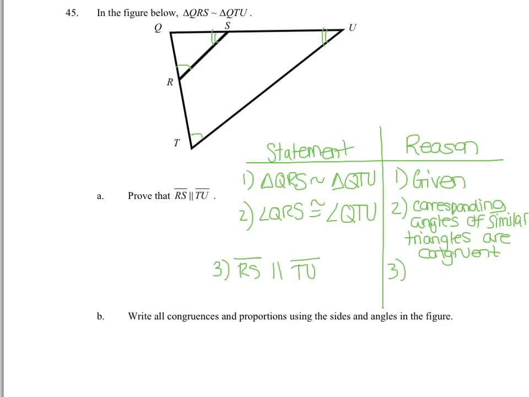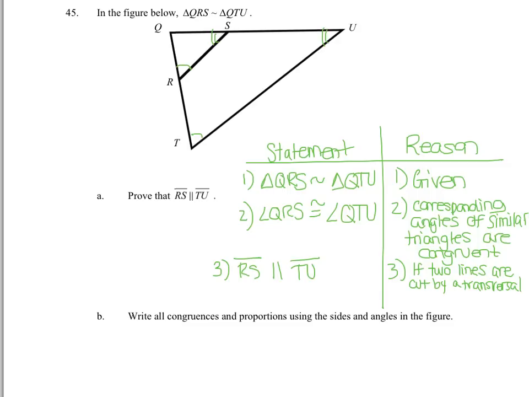because if two lines, and I am going to run out of space on this because of my handwriting, two lines are cut by a transversal, I did not mean the comma there.